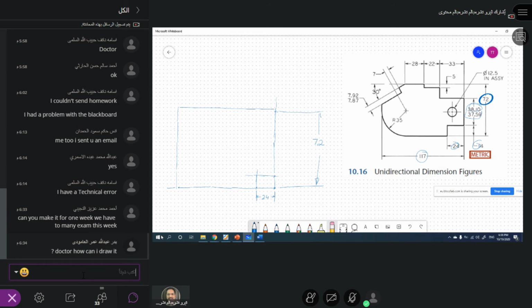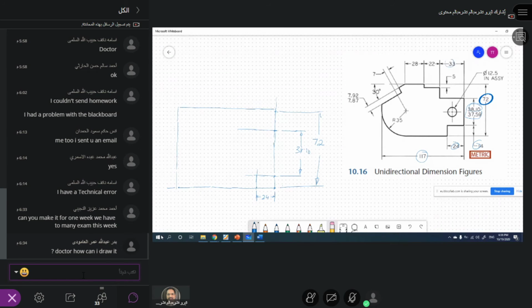Okay. So now I draw it as 38.10, and I mark it here, one point, and I draw another line with the 2H pencil. And then from 38, I measure 33.